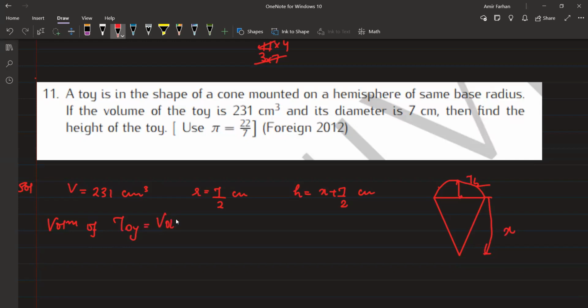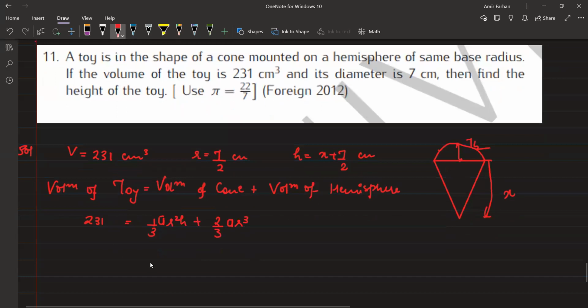The hemisphere volume is given as 231, and the volume of the cone is 1 by 3 pi r square h plus 2 by 3 pi r cube. So I can take common pi r square by 3 from both the sides.